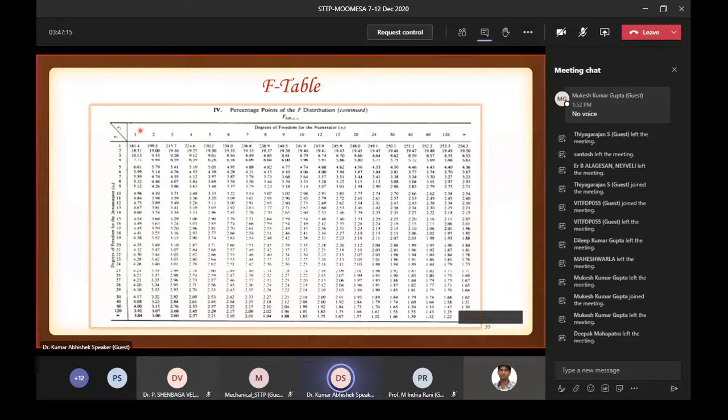So F14, that is, 1 is the degree of freedom for the factor and 4 is the degree of freedom for the error. The value corresponding to this 4, you will find here is 7.71. From this value you have to compare.